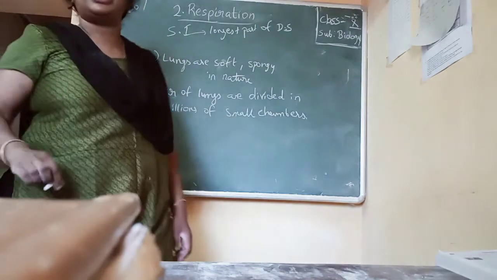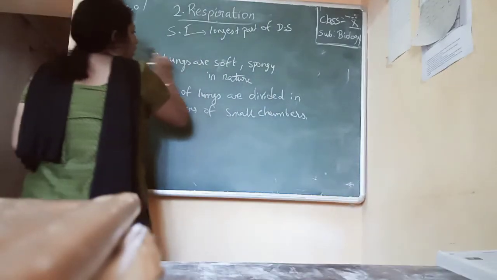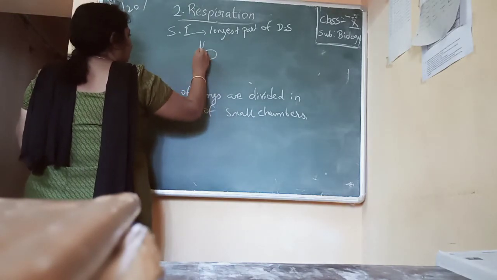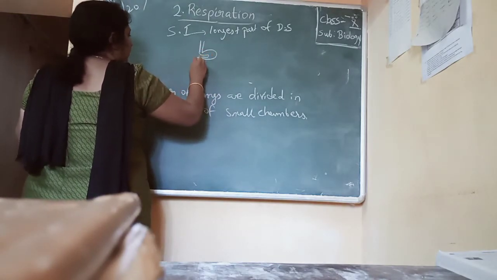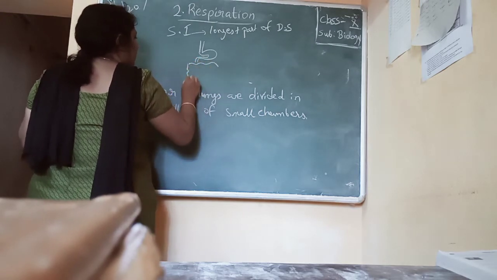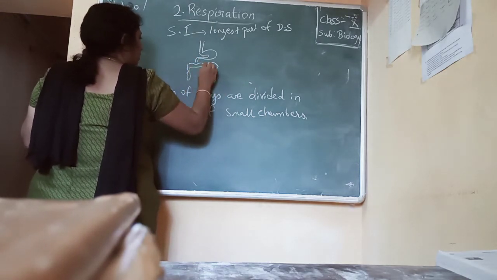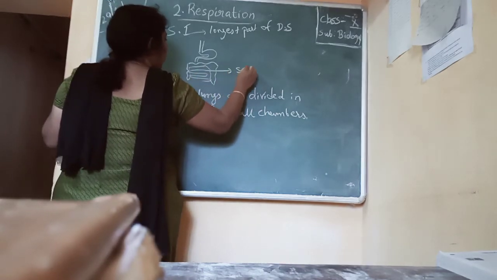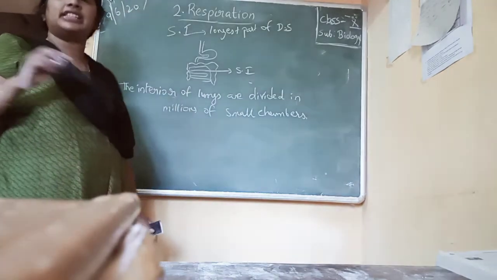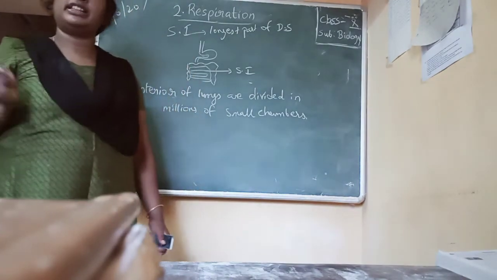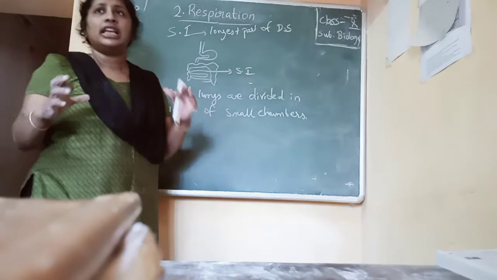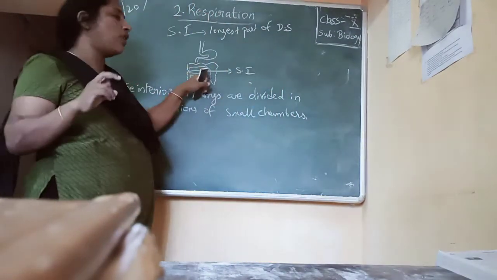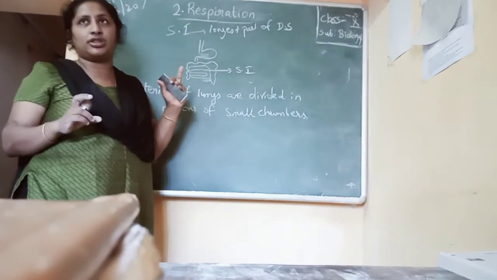If you recall the digestive system, this is our stomach and this is our duodenum and this is our large intestine and this is our small intestine. Why is the small intestine like this, coiled in the form of a tube? Because there are millions of microvilli present in the small intestine which help in the absorption of food.